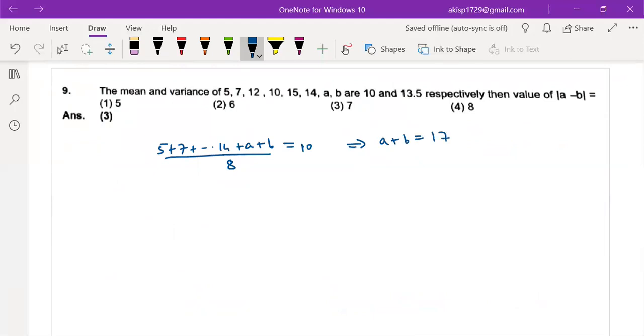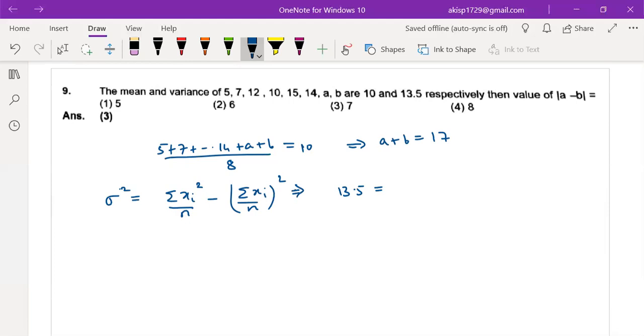Also, its variance is given. The formula for variance is nothing but summation of xi squares by n minus mean square. If we substitute in the values, this is going to imply the variance, that is 13.5, is equal to all these squares minus the mean.